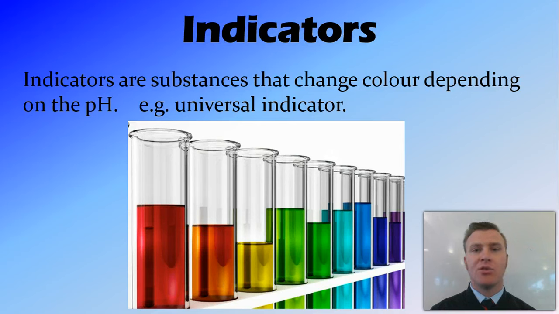Once it gets to neutral, 7, it will be green. Then in very alkali, so up around 14, it will be purple. And there's multiple color changes that happen between these different stages. So we can actually tell using universal indicator the difference between, say, a 3 and a 5 or a 9 and a 11.